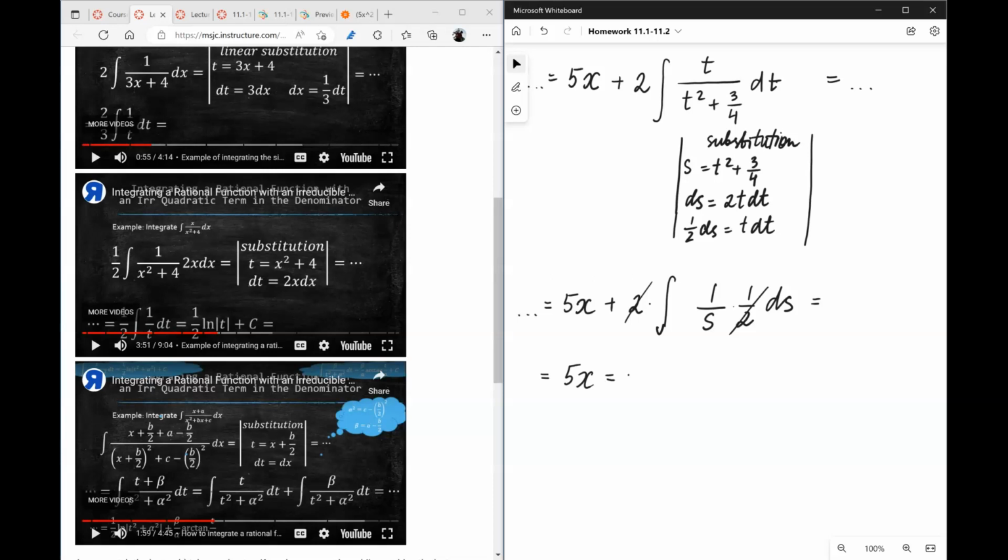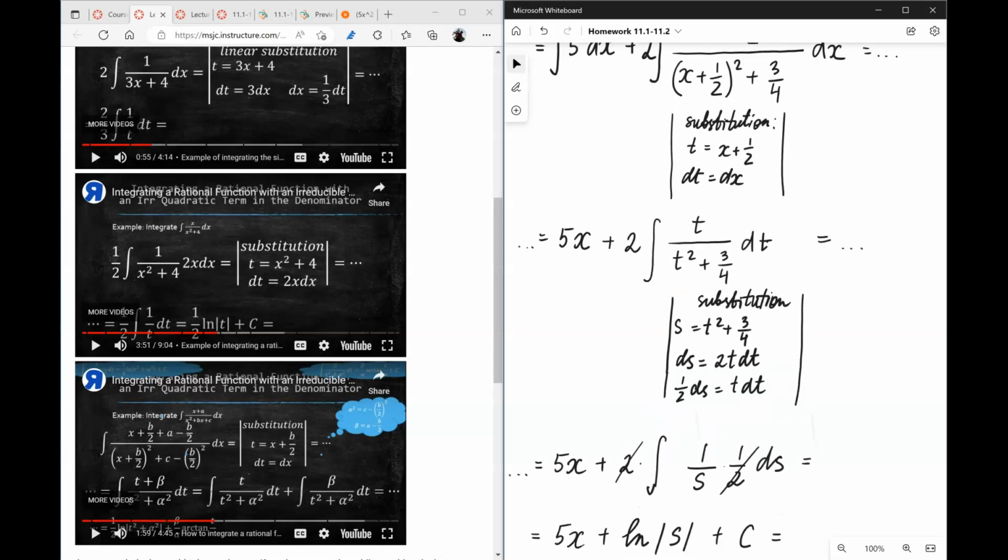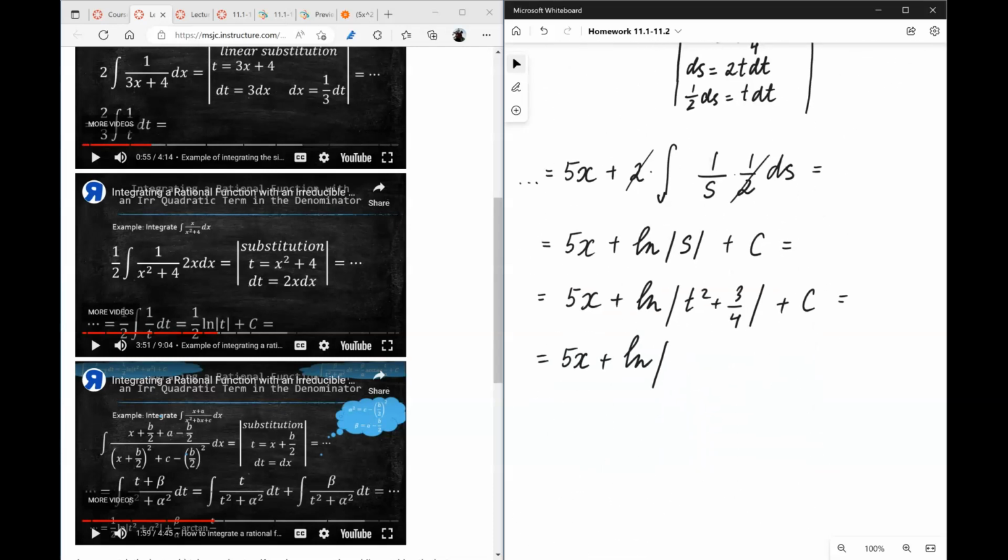So we have ln of absolute value of s plus c, but s is t squared plus 3/4. And let's not forget what t stands for. t stands for x plus 1/2.